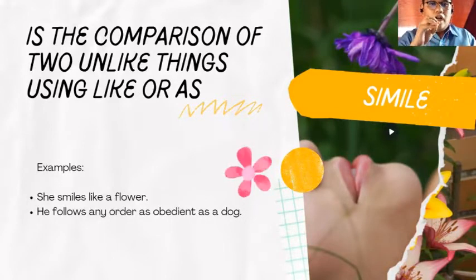Her smile and the flower ay na-compare gamit ang like. Okay? Dito naman sa pangalawa, he follows any order as obedient as a dog. So, dito naman, ang ginamit sa pag-compare is as. Okay? So, yun lang naman tatandaan nyo guys sa simile. Sa simile, gumagamit tayo ng like or as to compare two unlike things.